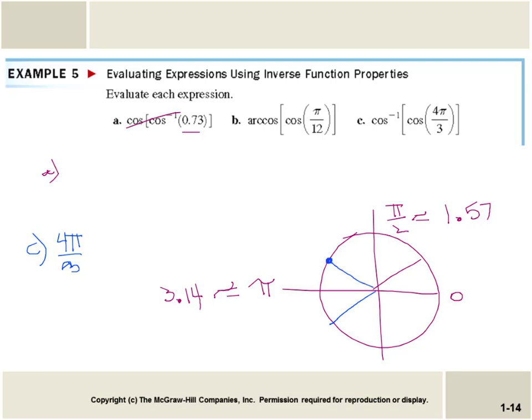In quadrant 2, we still have the same reference angle, which is pi over 3, which makes the answer 2 pi over 3. Okay? Is this making sense to everybody? All right. Very good.